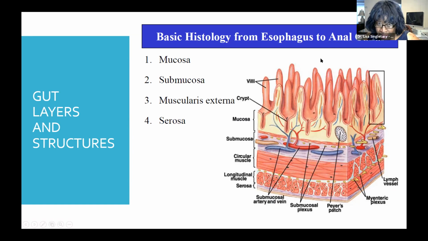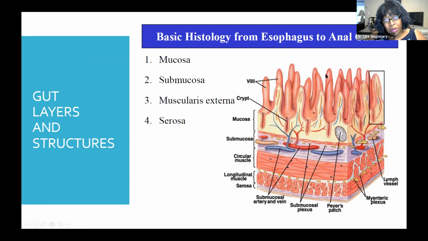We've talked about the layers before. The lumen is where the food actually passes down. And these finger-like projections, the villi, is where the absorption happens, of water and of nutrients. So we're going to focus on the villi just for a second.